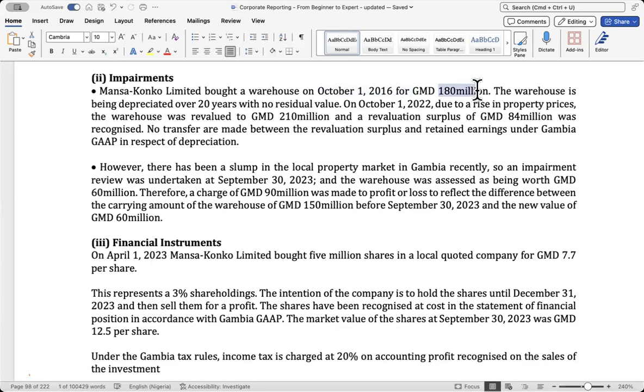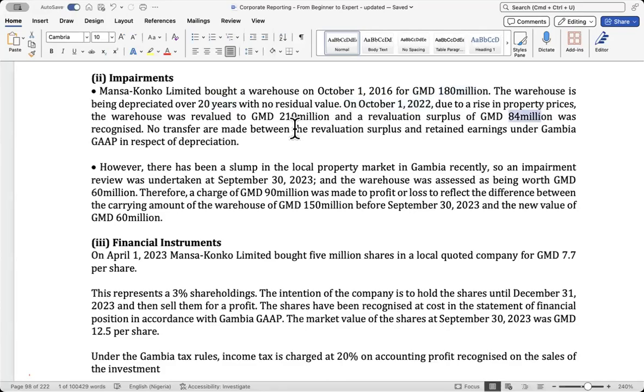Now, the warehouse is depreciated over 20 years, no residual value. So at the beginning of this current year, due to a rise in property prices, they revalued the warehouse to 210 million. They recorded a surplus of 84 million.